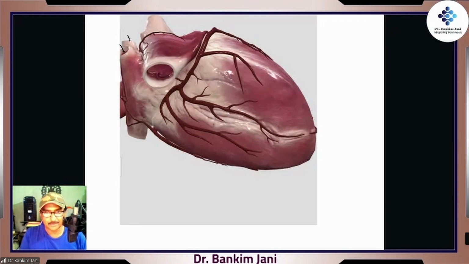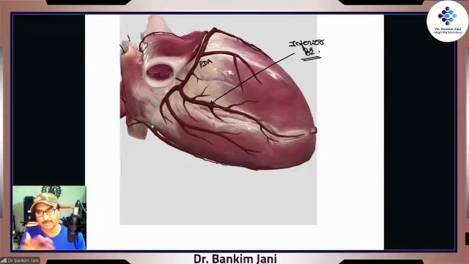Then over here, we are talking about the base. This is the base of the heart. So what we are watching over here is the PDA, posterior descending artery, and these are all the branches. They are the inferior branches. Inferior branches. This is just the base.